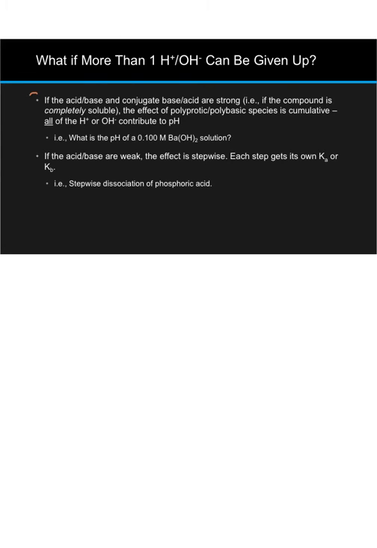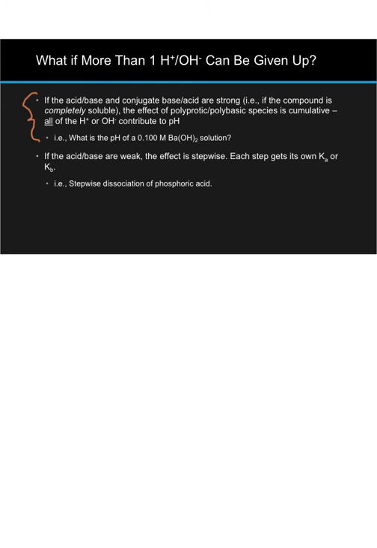First of all, if our acid or base is a strong substance, meaning it's completely soluble or completely dissociates, then our calculation of pH is straightforward. All we have to think about is the stoichiometric equivalent amount of hydroxide ion or H plus cation that's produced from our intact molecular substance.